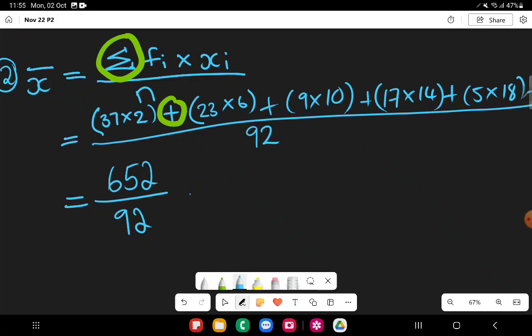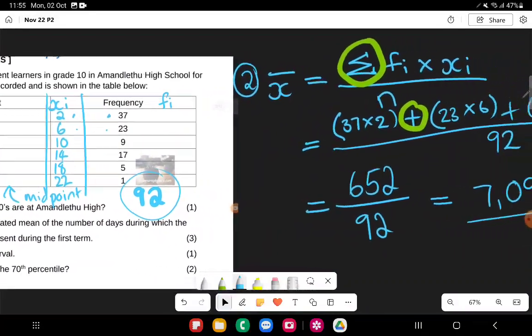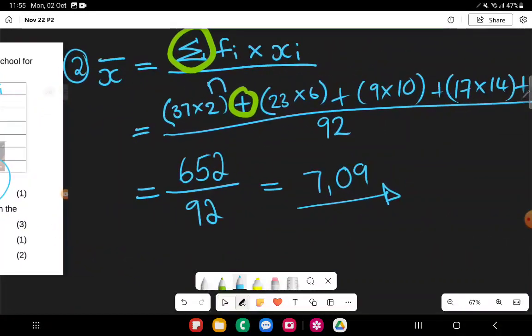Then you simplify it, and you will get 7,09 if you round off to 2 decimal places. This whole question is worth 3 marks. So our estimated mean is 7,09, meaning that the average number of days absent is 7 days.